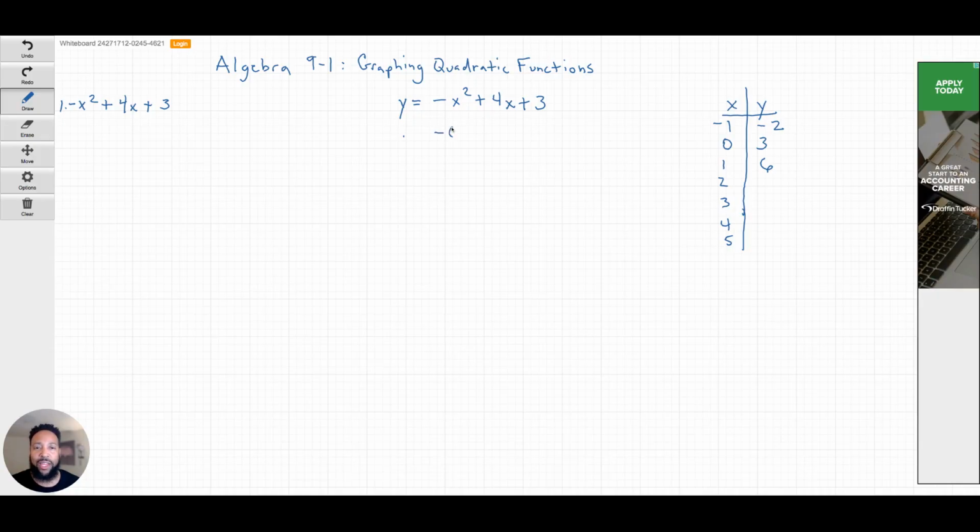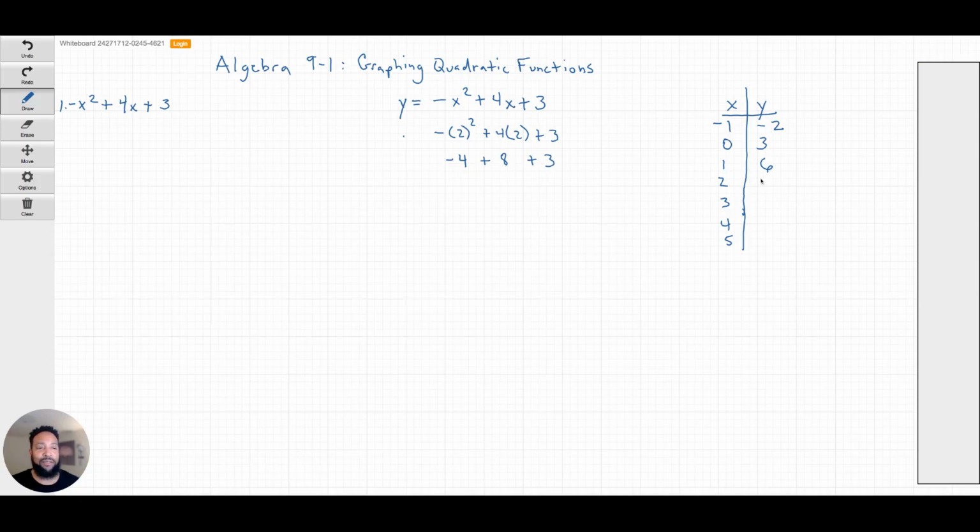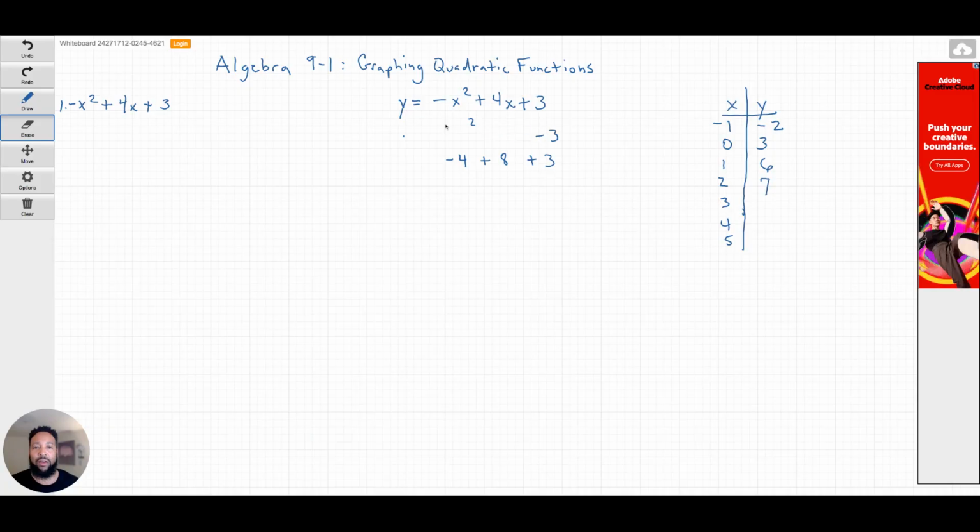All right, the next problem is we're going to substitute 2. So we have negative 2 squared plus 4 times 2 plus 3. 2 squared is 4. We put the negative here. 4 times 2 is 8. And then plus 3. So we essentially have 8 minus 4, which is 4, plus 3, which gives us 7. Okay, for the next number, we're going to use 3.